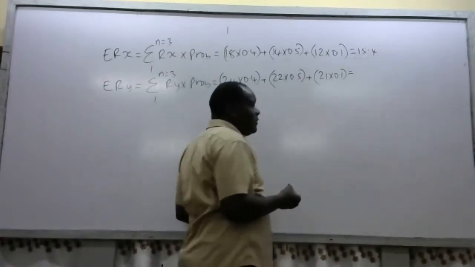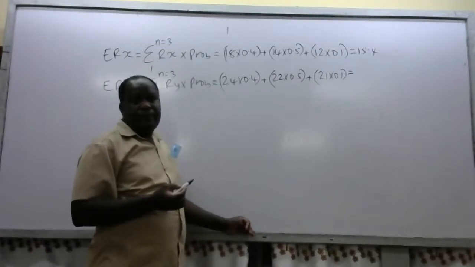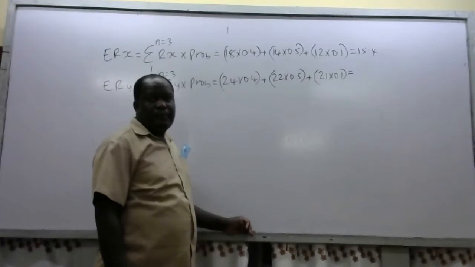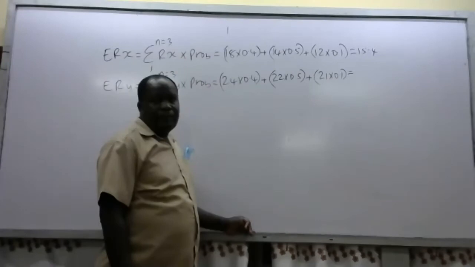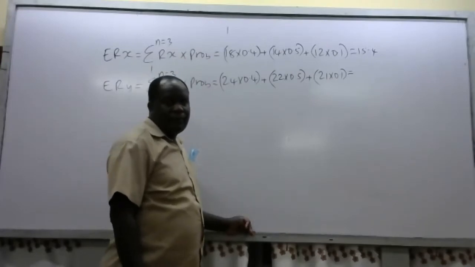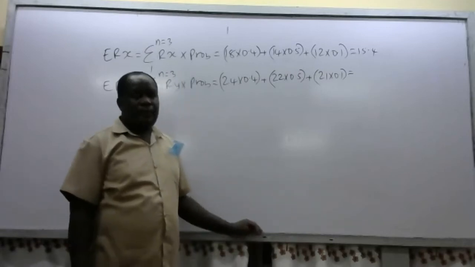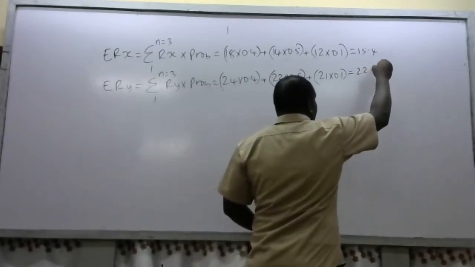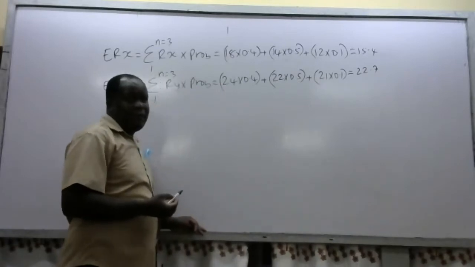How about the second one? It is 22.7. So that was the expected return for each.